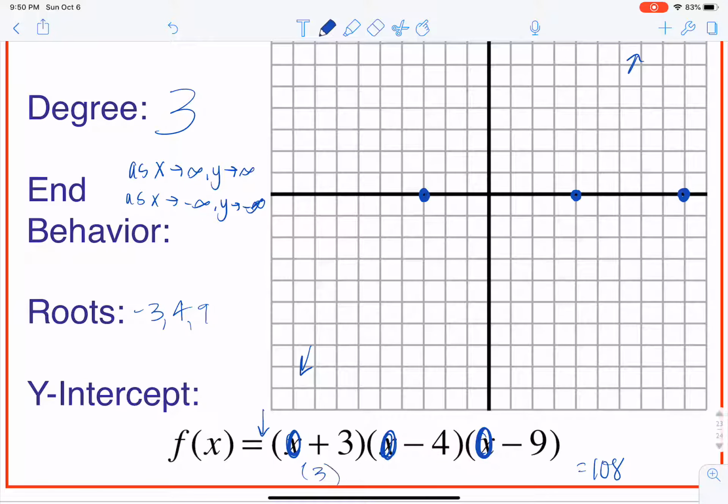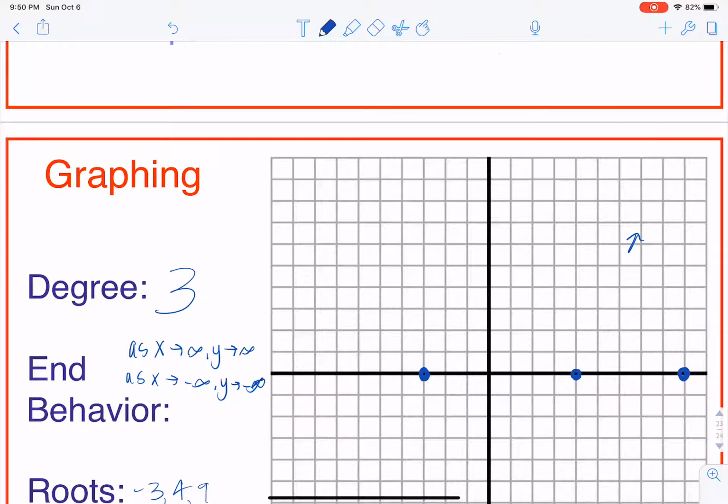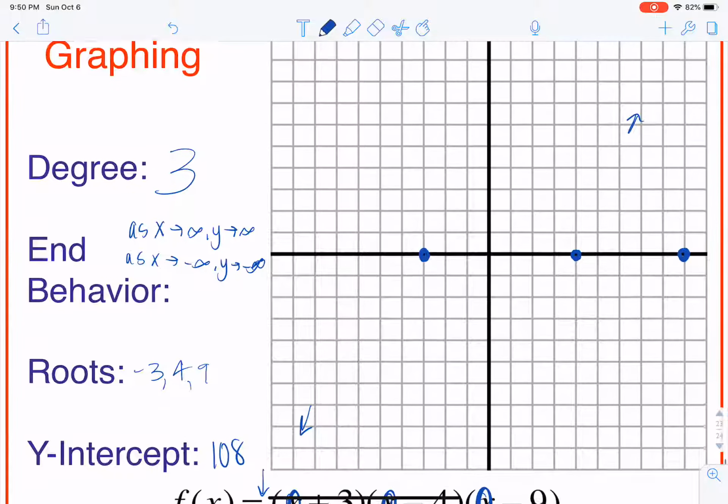Because here I have 3, 0 minus 4 gives me negative 4, 0 minus 9 gives me negative 9. So negative 4 times negative 9 will give me a positive number, and that times 3 will give me 108. So I know that my y-intercept will be way, way, way up here somewhere.